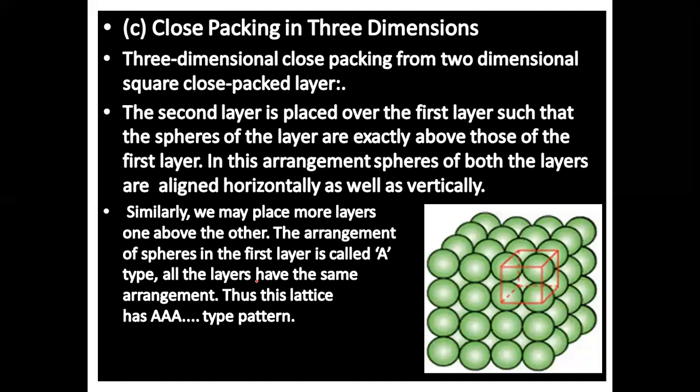In this arrangement, the spheres of both layers are aligned horizontally as well as vertically. Similarly, we can place more layers one above the other. If the arrangement of spheres in the base layer is A, it means all the layers have the same arrangement, and this type of arrangement is called AA type pattern.